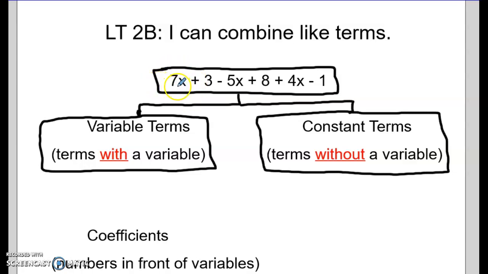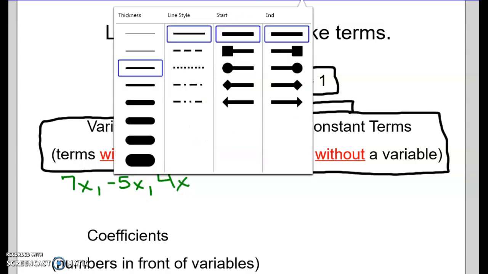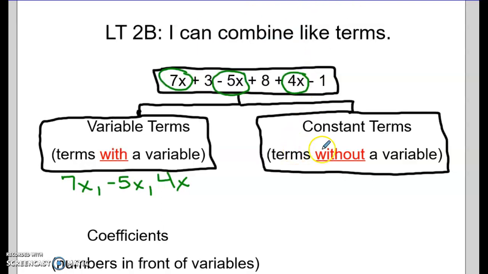So these are all terms with a variable: 7x, negative 5x, and 4x, because they each have a number and the letter x.